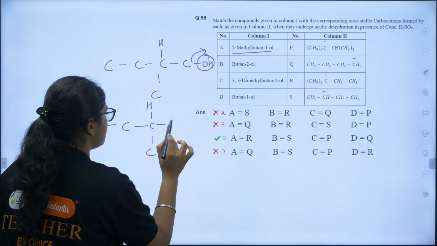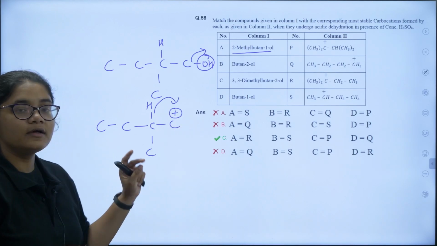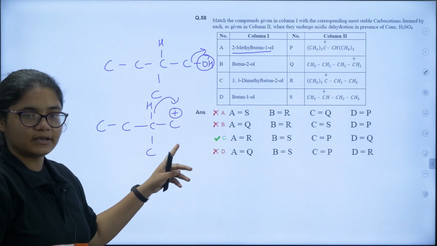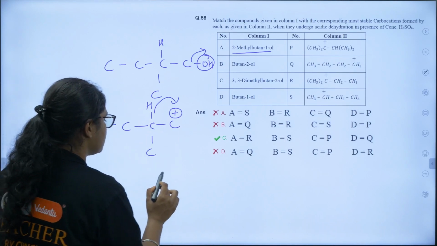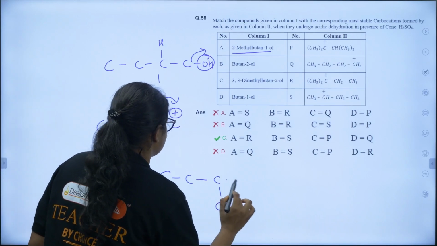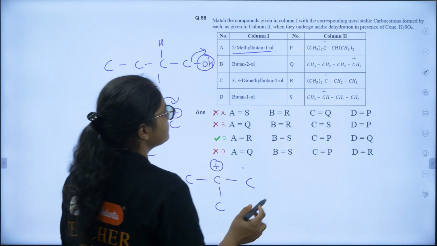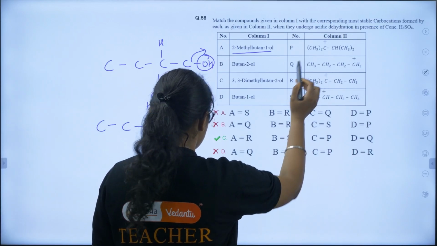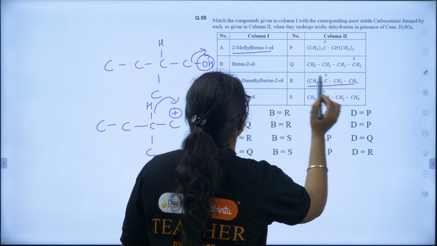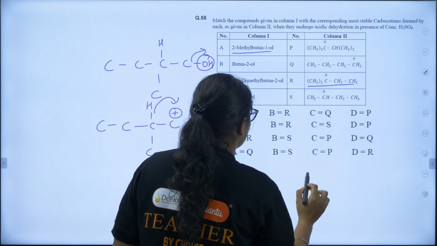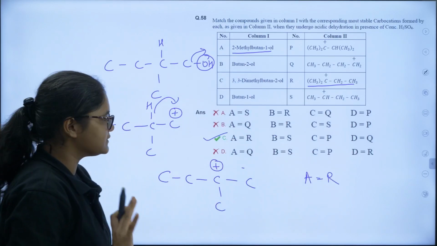Now what we can do is have a hydride transfer to get a stable carbocation, because this is primary, and once you do a hydride shift we can get a tertiary carbocation. So what I can get here is plus, right? So if you see which one is given, that one, CH2 CH3 and we have this one, right? So I can say this A has to be R. So there is only one option with that, so we can mark option C as the correct, but we can check for others also.